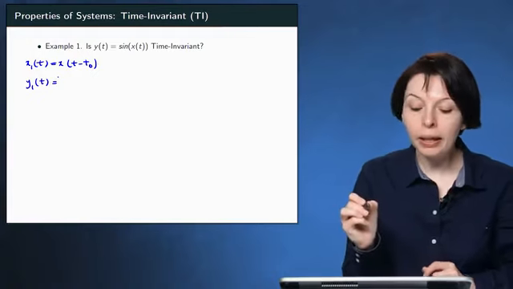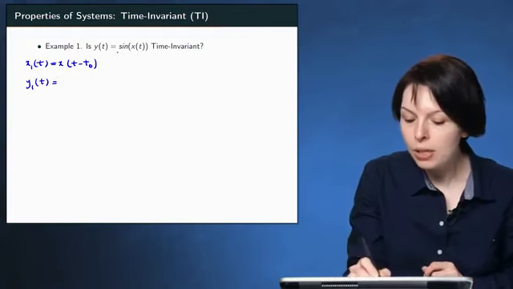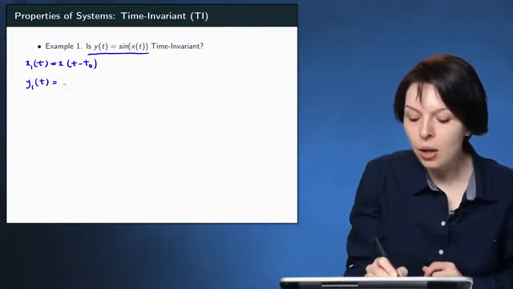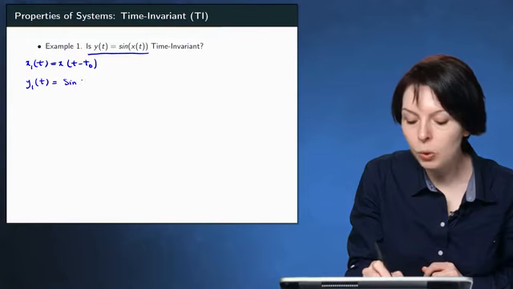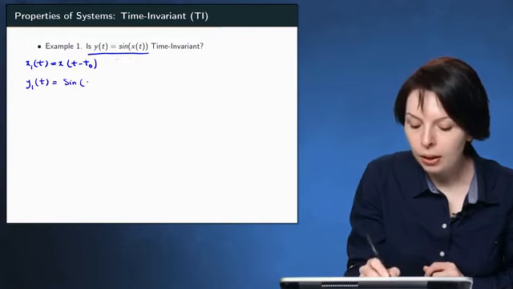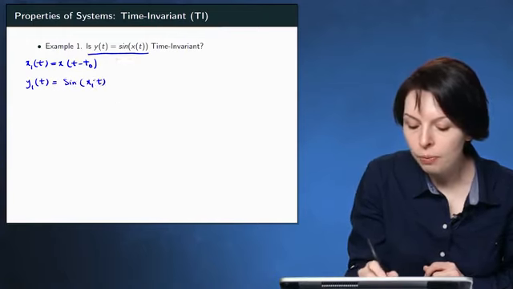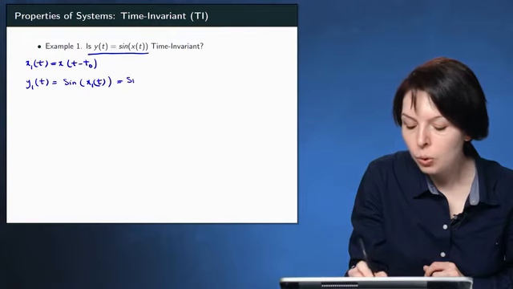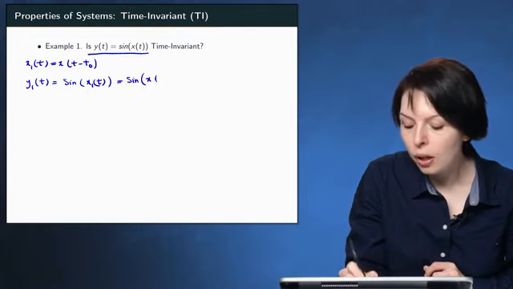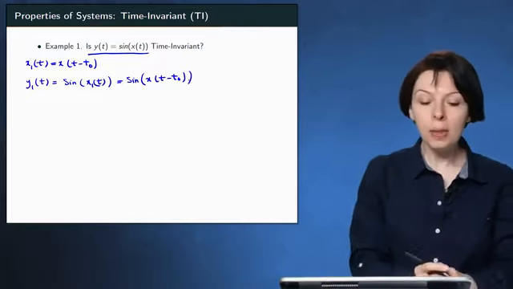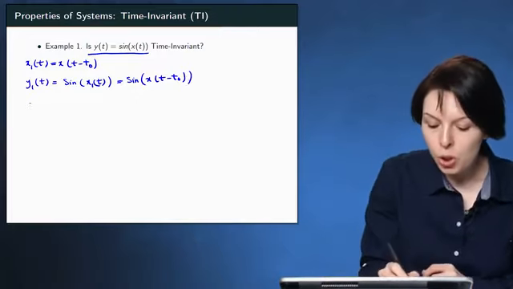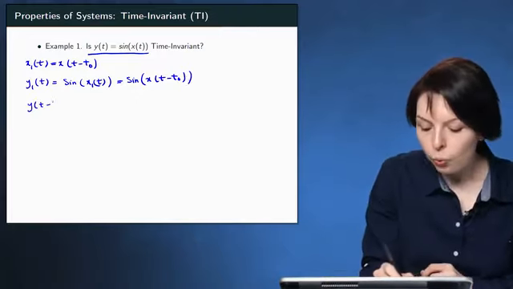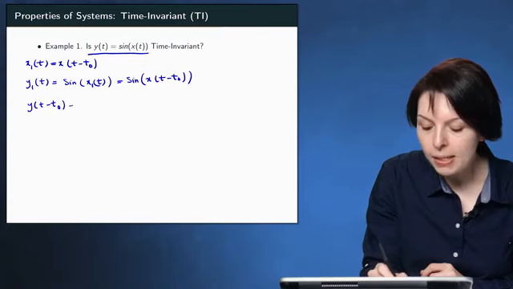If I know y of t is sine of x of t, y1 of t is going to be equal to sine of x1 of t, and that's equal to sine of x of t minus t naught. All right, good. Next step, I want to shift the output and calculate y of t minus t naught.